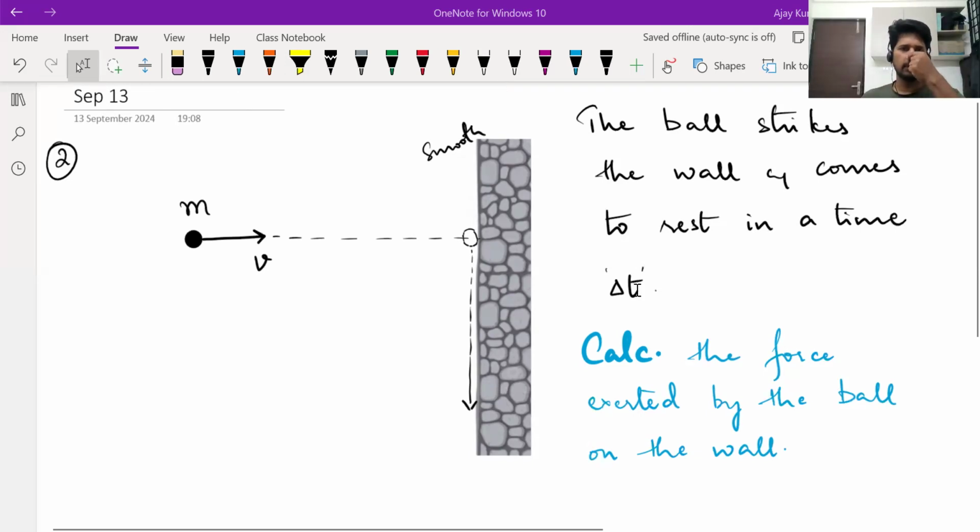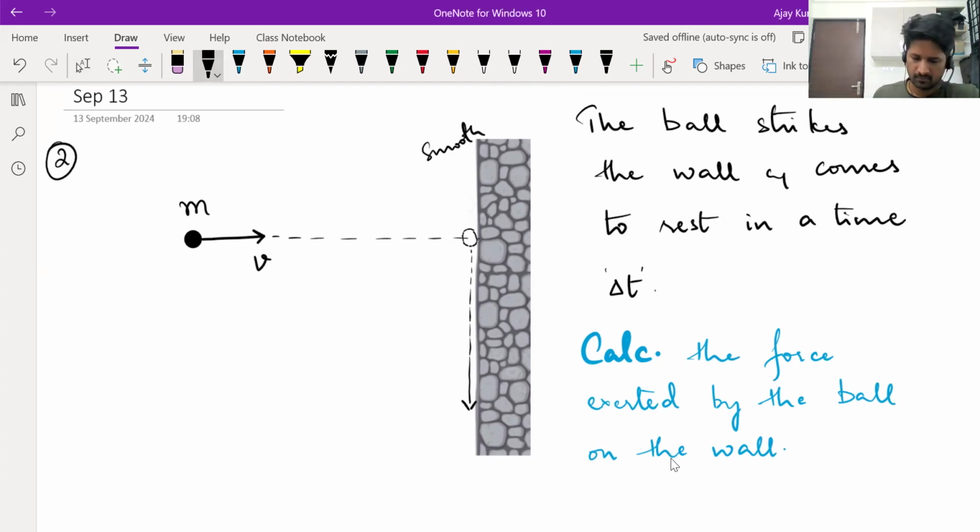Any answer, anyone? How are you trying to solve this? Aishwarya, what can we do in this case? Sir, as force is m into a and momentum is mass into velocity, I tried writing momentum as m into force into t by v, sir.